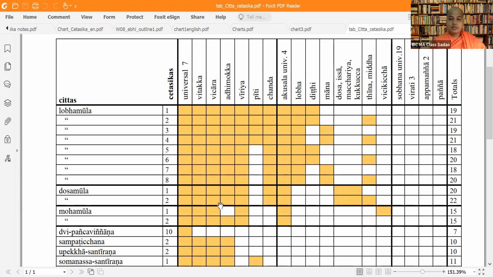So therefore the discussion is, when upekka is present, can there be karuna and mudita? That is why I think there are differences of opinion here.